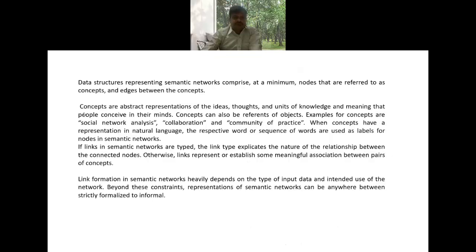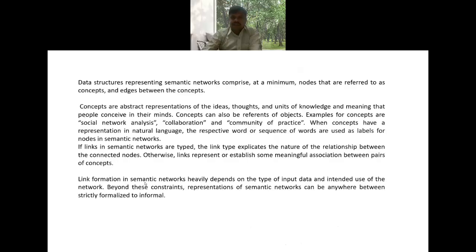So this is just a description of the semantic network, how the semantic network can be represented as a data structure. In the data structure, we will make use of concepts and links.